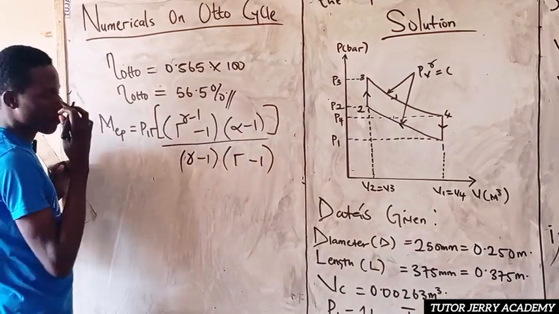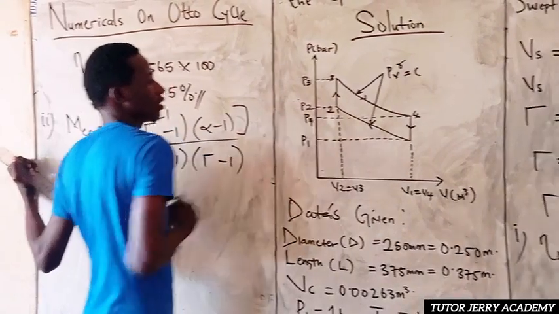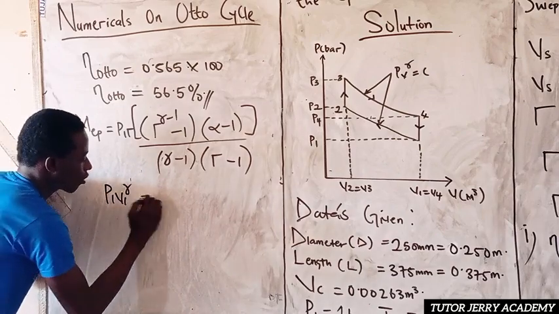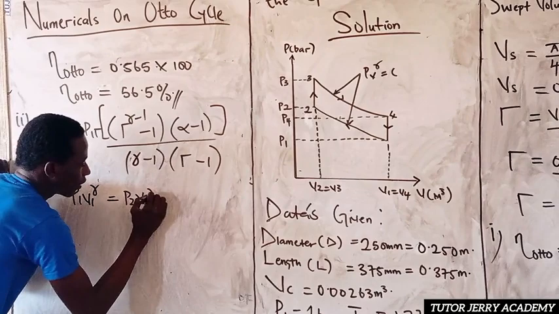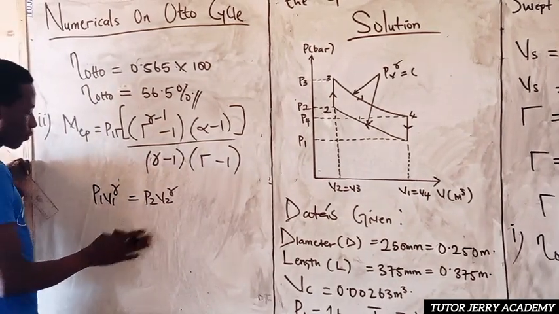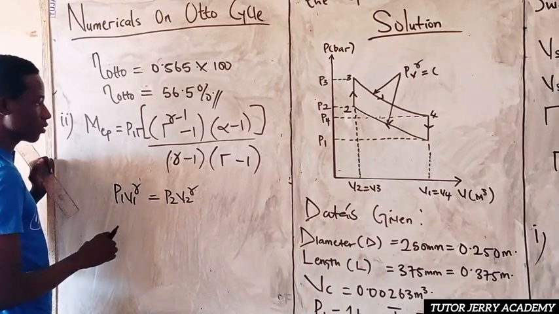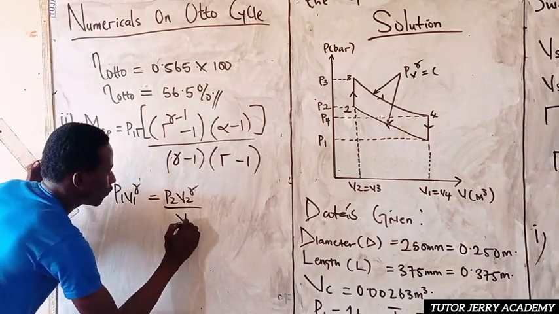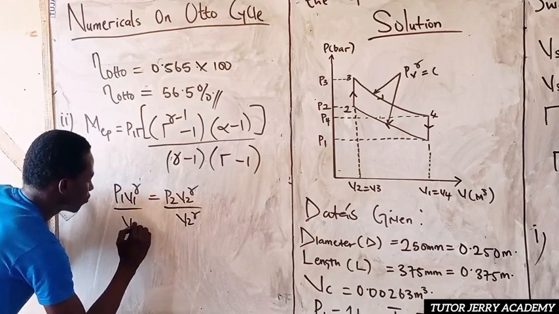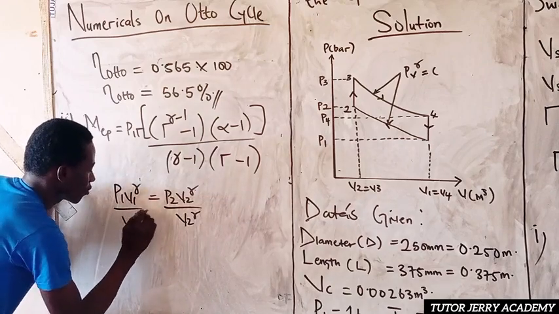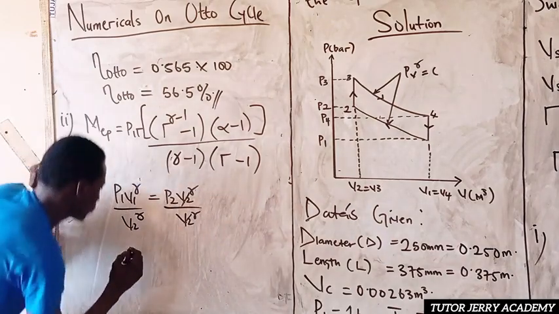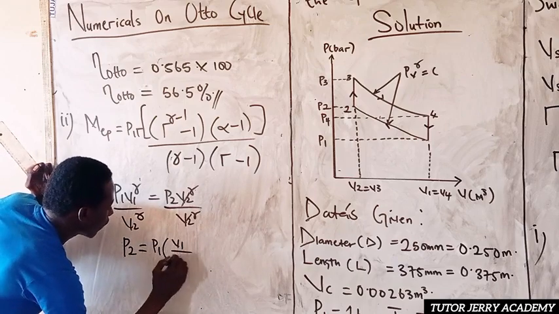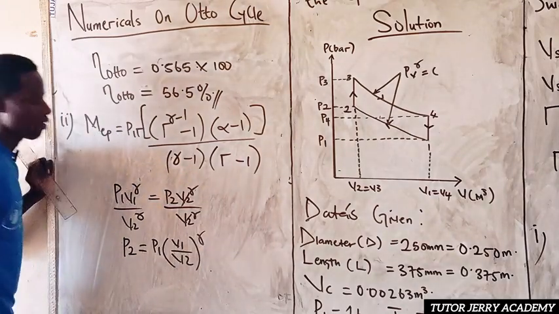From our diagram, from process 1 to 2, we can deduce that P1 V1 to the gamma equals P2 V2 to the gamma. Making P2 the subject, we divide both sides by V2 to the gamma, so P2 will be equal to P1 times V1 over V2, all to the power of gamma.